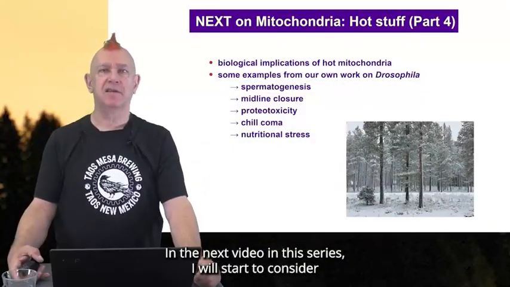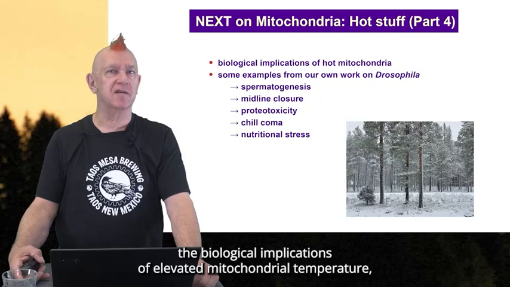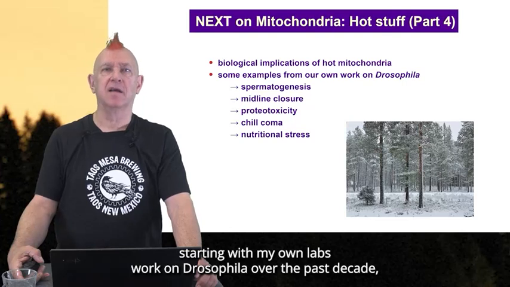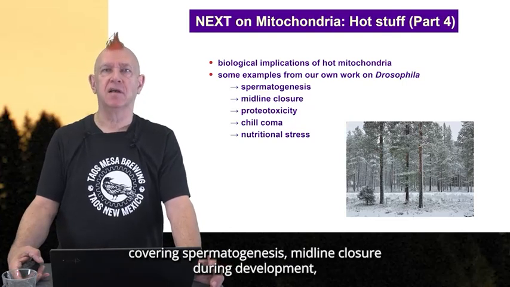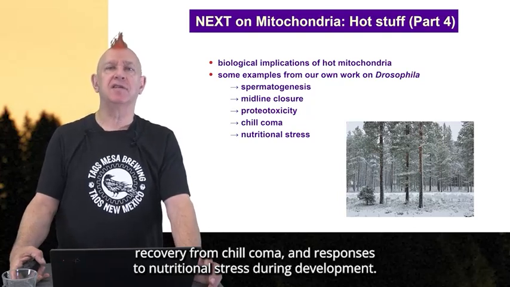In the next video in this series, I will start to consider the biological implications of elevated mitochondrial temperature, starting with my own lab's work on Drosophila over the past decade, covering spermatogenesis, midline closure during development, recovery from chill coma, and responses to nutritional stress during development.